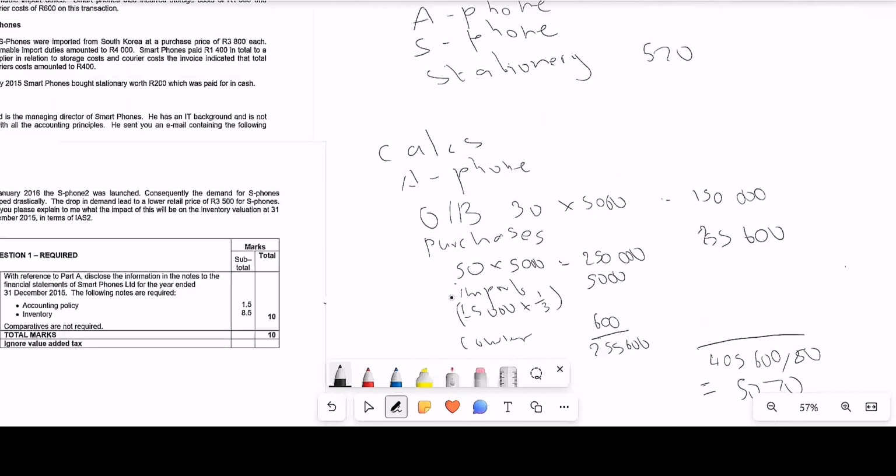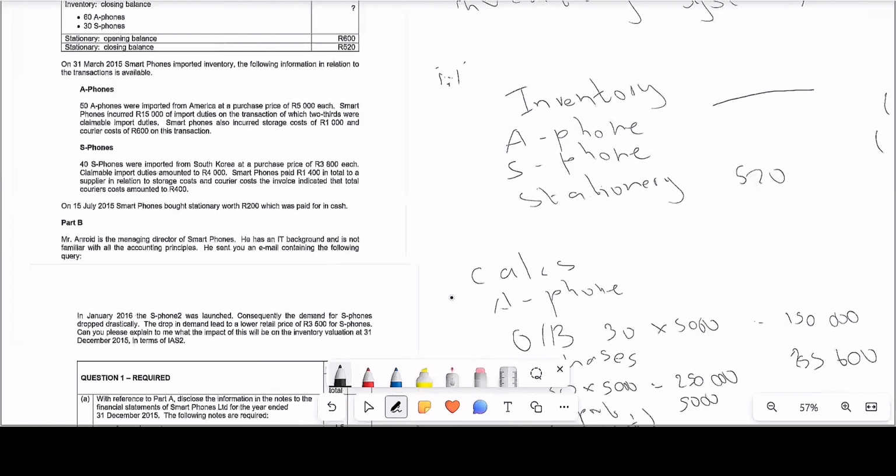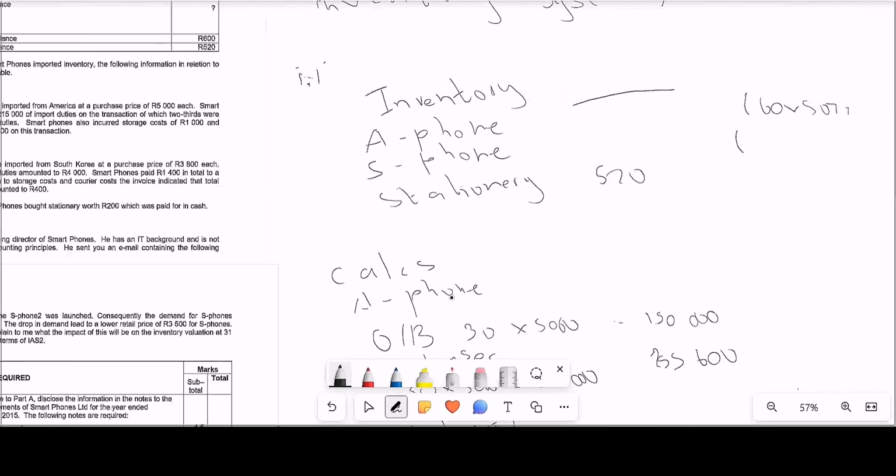And this one here is the total value of the A phones. So here, when we're calculating the closing balance, I'm just going to put it here to the side so you guys can see. The closing balances were 30 and 60. Sixty units times 5,070.